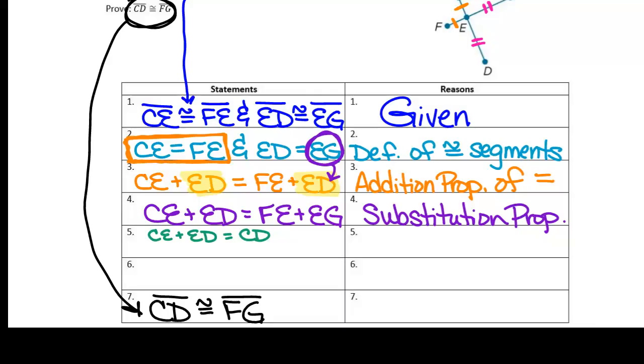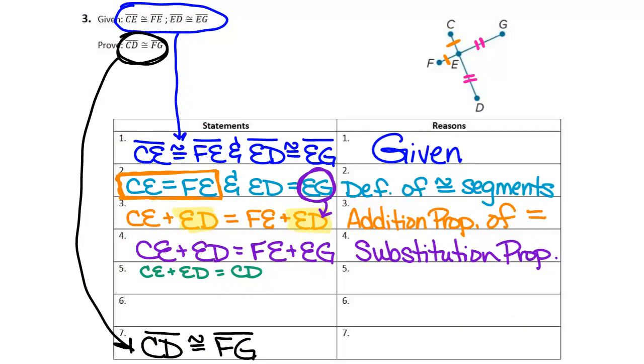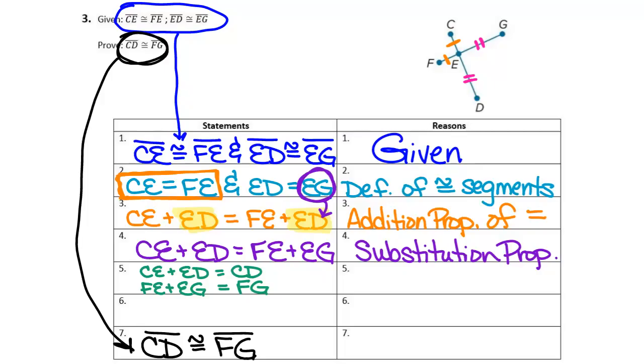Can I say something similar about FE and EG? FE together with EG gives me what larger segment? FG. FE plus EG gives me FG. This statement right here, I am making solely based on the picture.